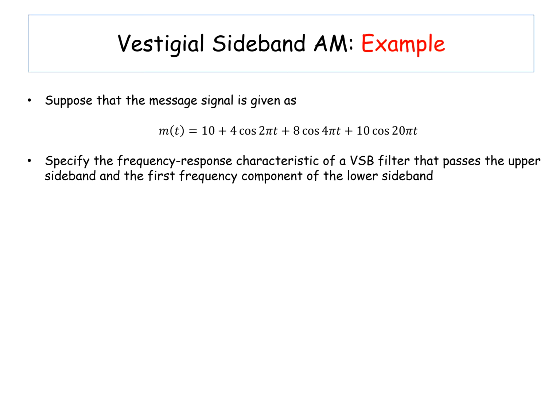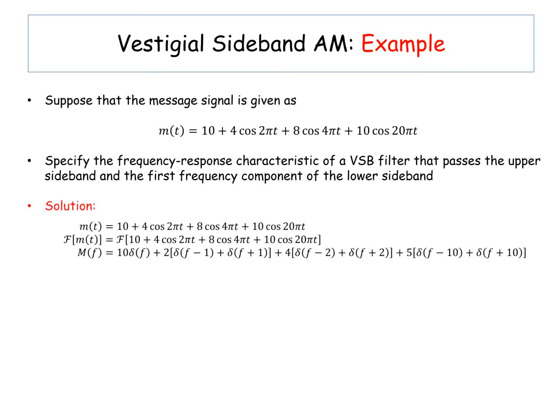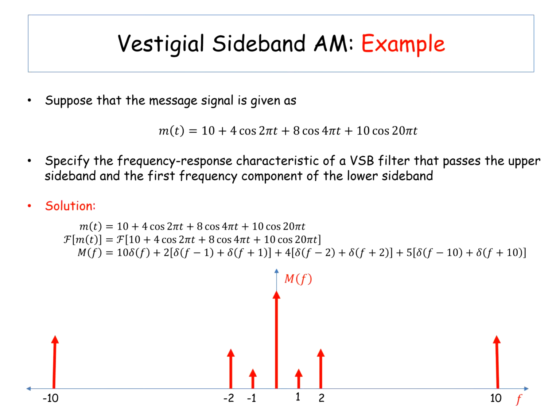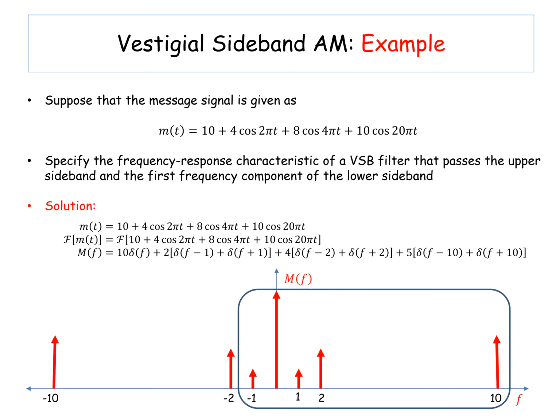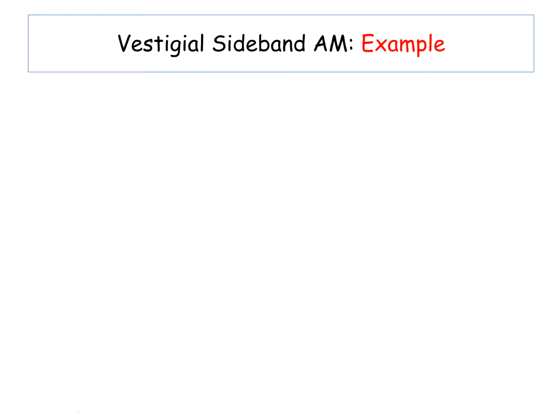Let us first investigate the spectrum of the message signal. It is shown like this. We require to design a filter that allows the upper sideband and the first frequency component of the lower sideband. The designed sideband filter should satisfy the condition we have already given. Based on this condition, the filter is presented.